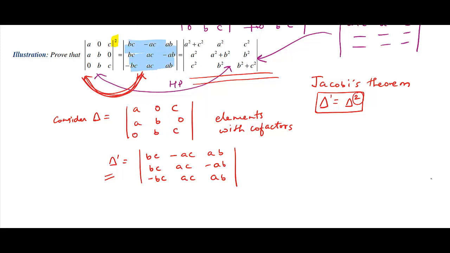This determinant is the same as delta dash, and by Jacobi's theorem, delta dash is equal to delta square. So what is delta square? This is delta square, so that completes the proof.